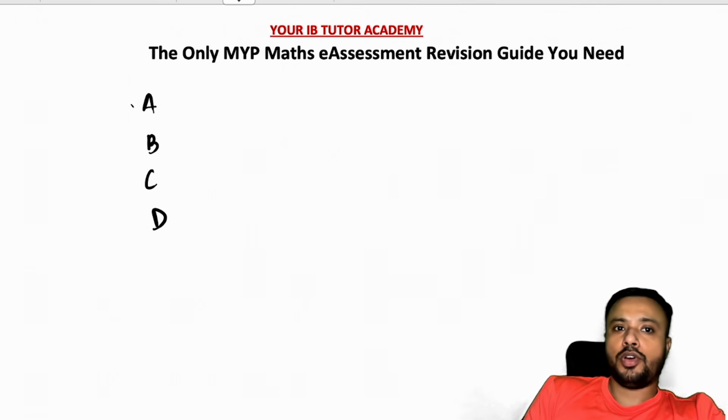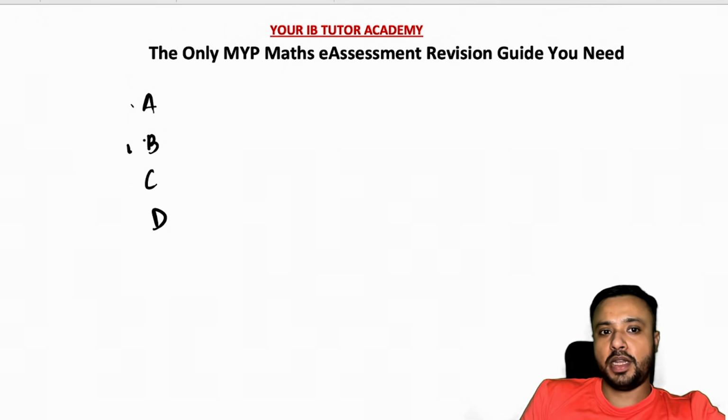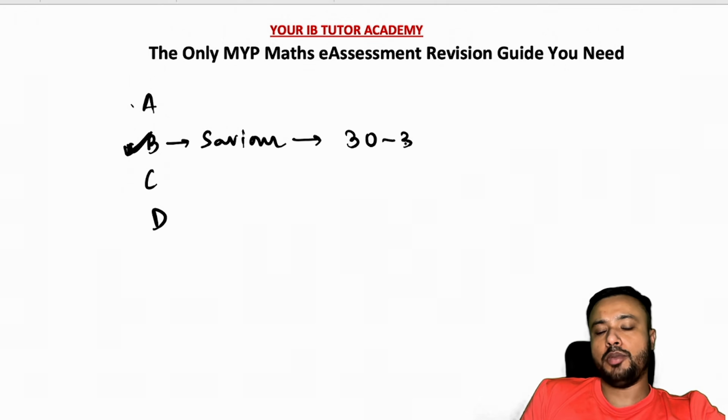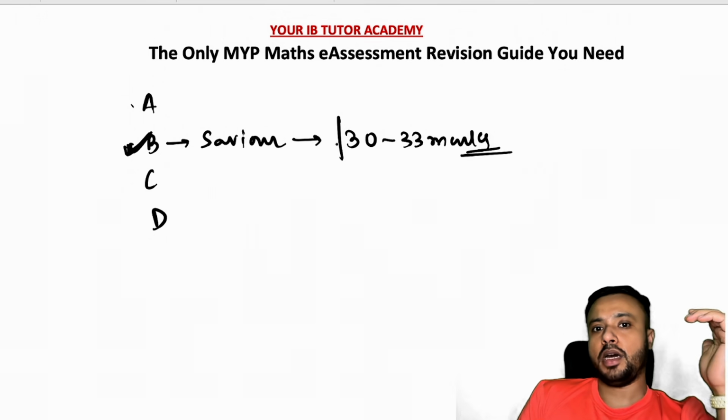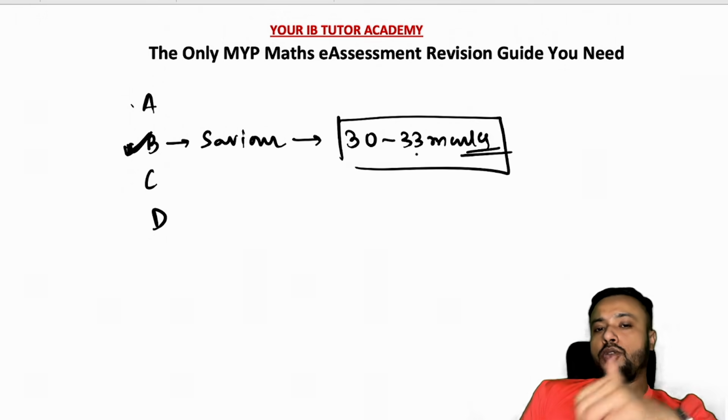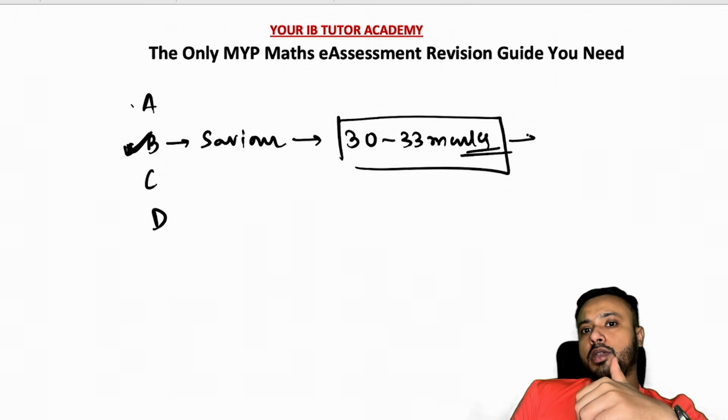First of all, you need to understand that criteria B is going to be your savior, because criteria B is worth 30 to 33 marks in the exam. If you give just this one criteria a good amount of time, you can easily score 33 out of 33.